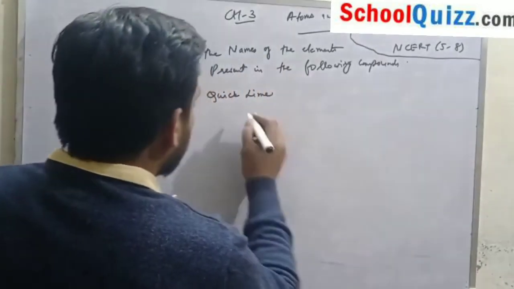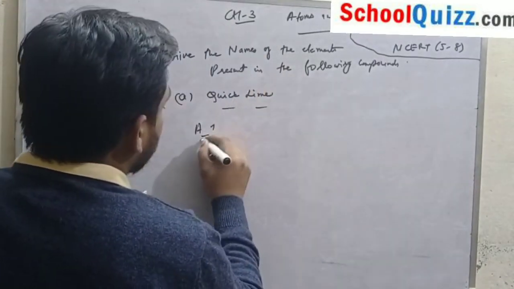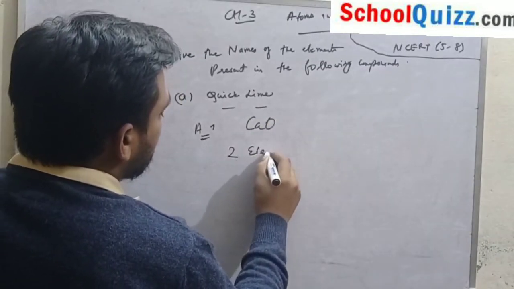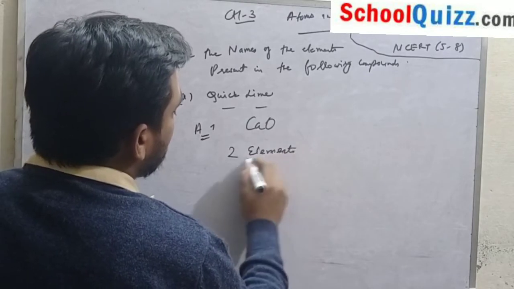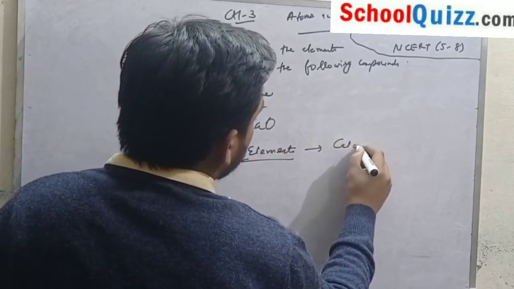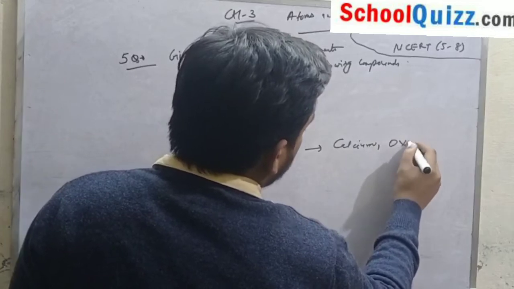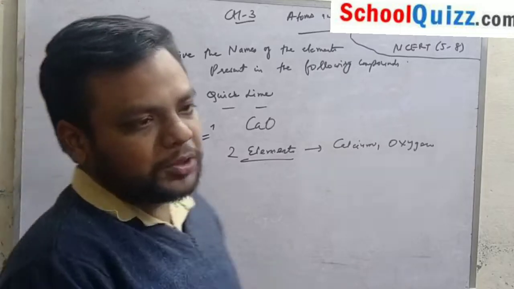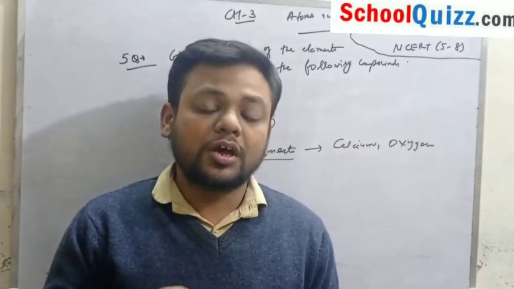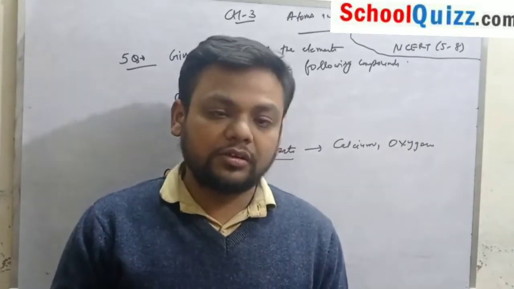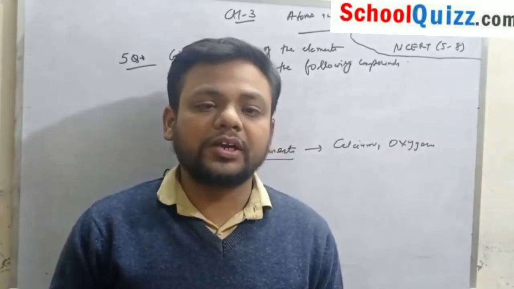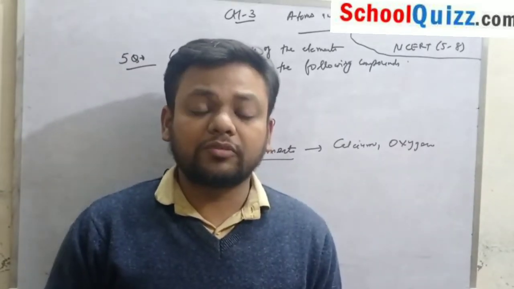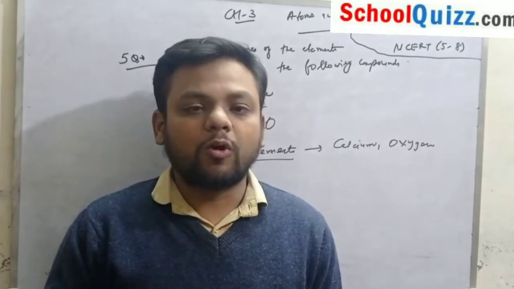There are two elements: the first one is calcium and the second one is oxygen. So to attempt this question, you should know the formulas first. You can see how important it is to know chemical formulae. It is the basics of chemistry.